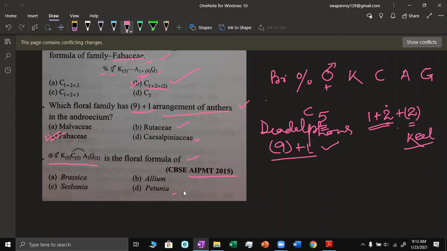So there are 2 things you should know: the plant, and which family it belongs to. Then only, based on the family, can you say that this floral formula is of a particular family. But out of these, you must know which plant belongs to that family.